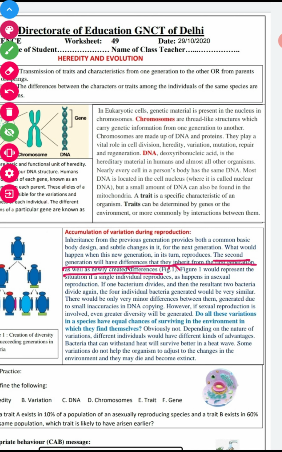So I'm repeating, the second generation will have differences, because of mutation as well as environmental factors, that they inherit from the first generation as well as newly created differences.